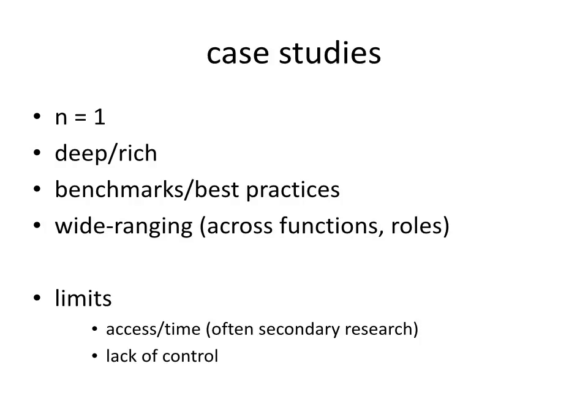The other major limit is the lack of control. No matter how fully you examine a given case, it's difficult to conclude the reasons for the firm's, if it's a firm, performance, simply because you don't have information on other controlling factors.